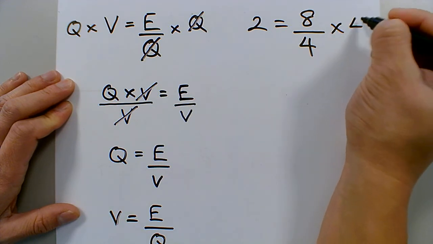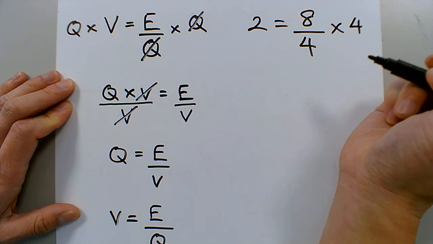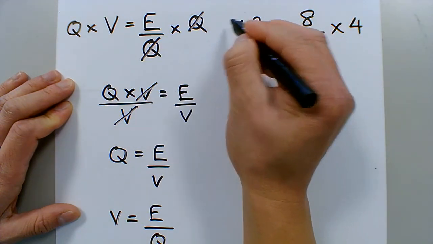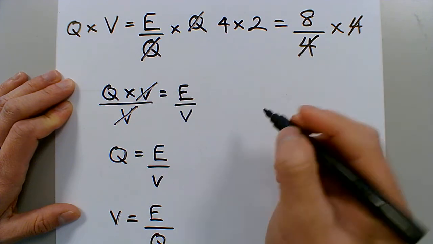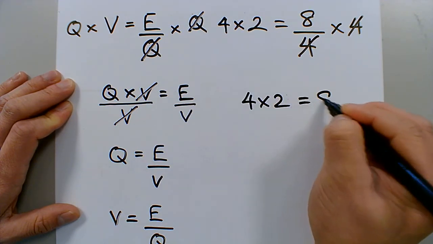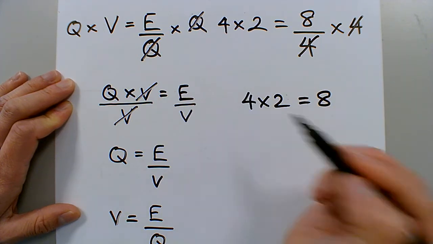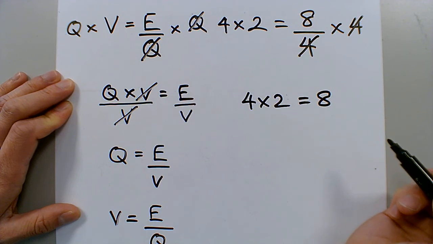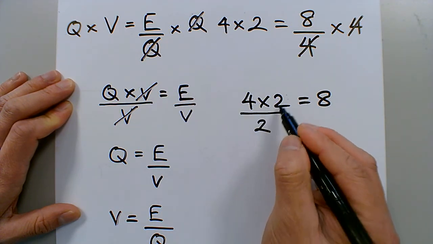We multiply by 4 on this side, because multiplication is the opposite of division. Do the same on this side. 4's cancel out. So I'll rewrite the equation now. 4 times 2 equals 8. Okay. Now I want to get 4 on its own. So how do I do that? I get rid of the 2. So instead of multiplying, I divide.